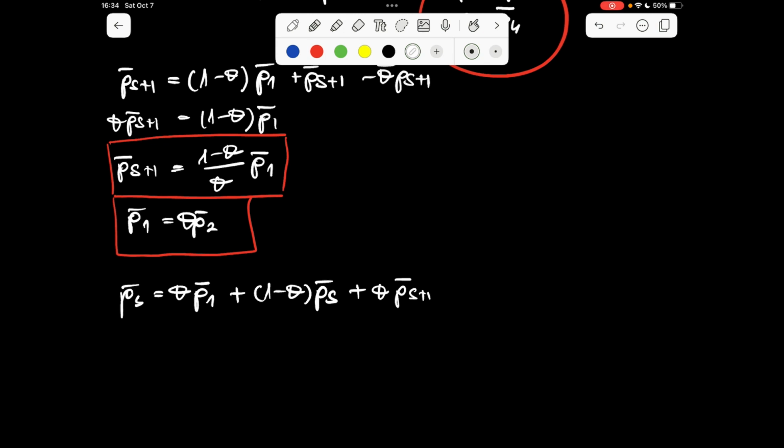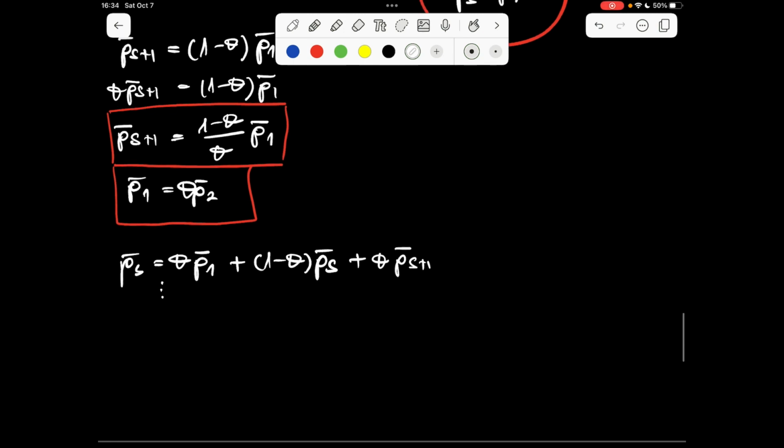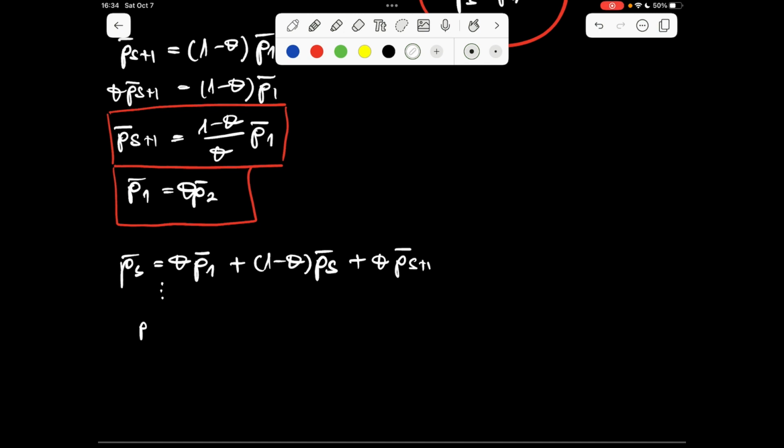Hopefully it's correct. I'm double checking. Yes, it seems to be correct. From which it's not too hard. After a few simple steps, it follows that it can be described as a sum.